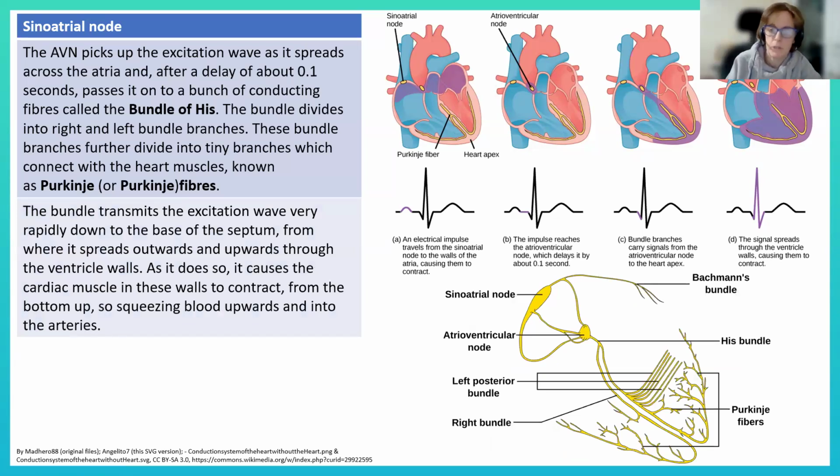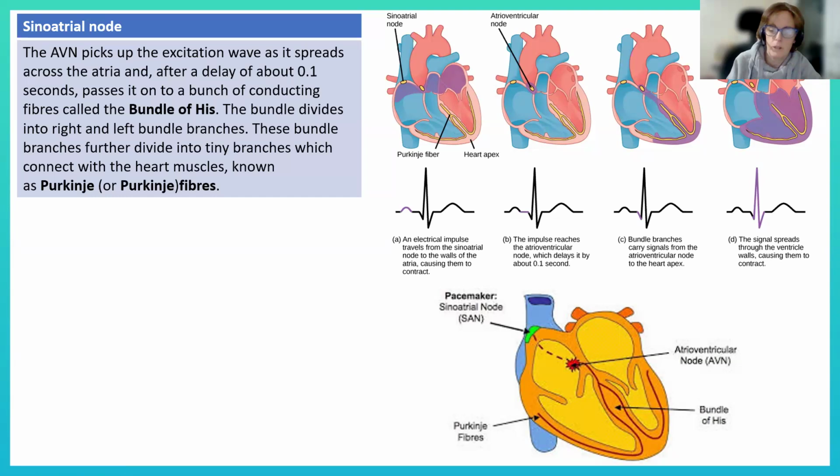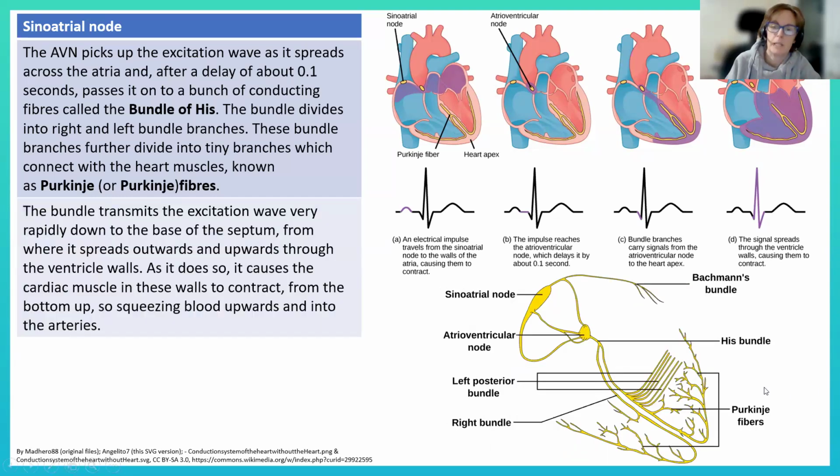Okay, on this diagram, if I just go back, we've got the heart there, that's sort of where it would be. So the SA node is up the top in the right atrium. That will feed across the cardiac muscle of the atria to the AV node, the atrioventricular node, so that's crossing between the atrium and the ventricles.